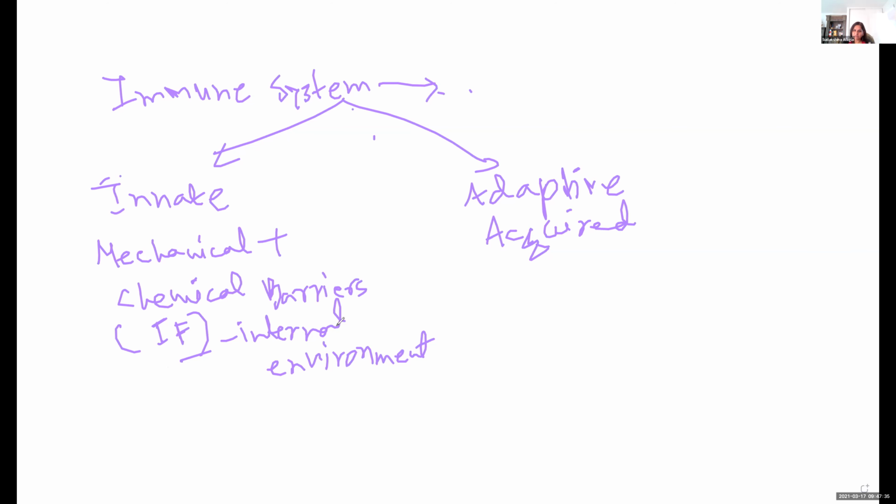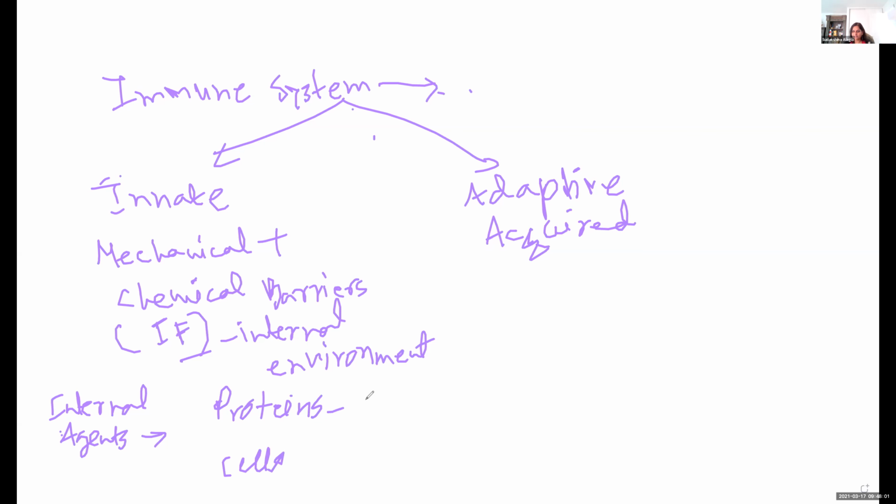Now, if a pathogen does end up in that internal environment, then what do we do? Well, internally, we have cells and proteins. Internal agents, barriers, whatever you choose to call them: antimicrobial proteins and antimicrobial cells.